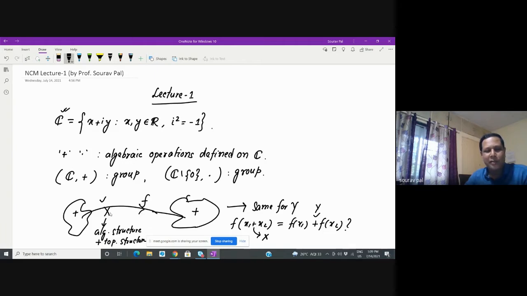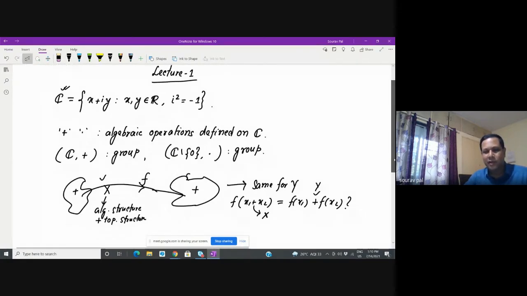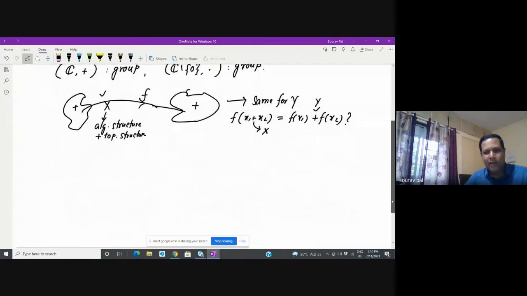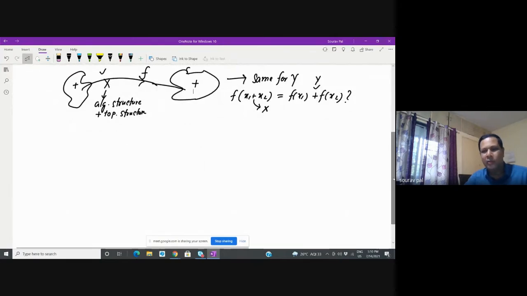In a similar fashion, you can talk about preservation of this dot structure, which we call multiplication, and we shall see if f preserves the topological structure. So this is how we study functions between two sets, where each set is equipped with several algebraic and topological structures.